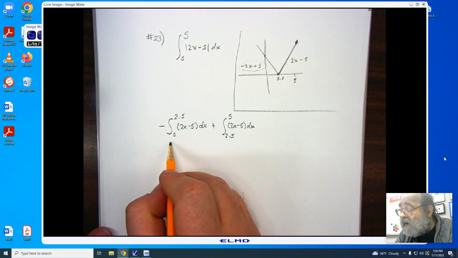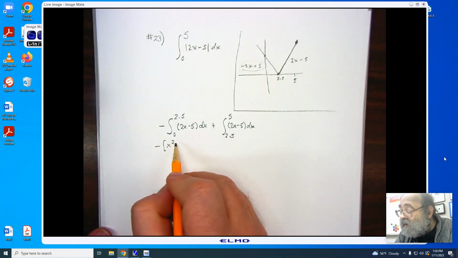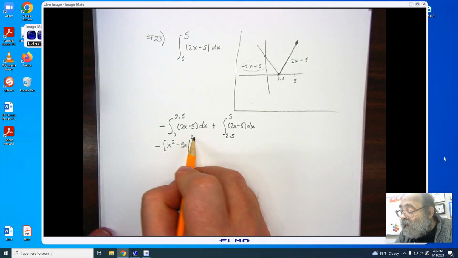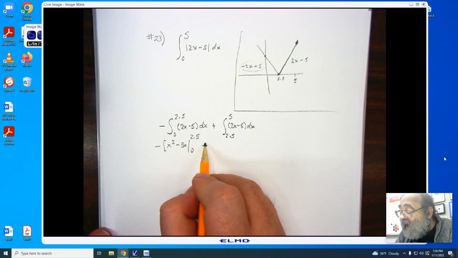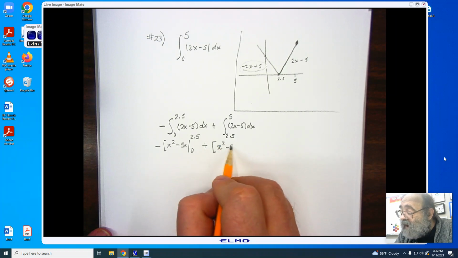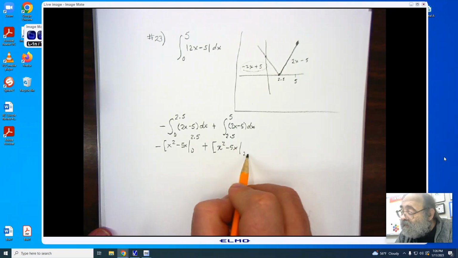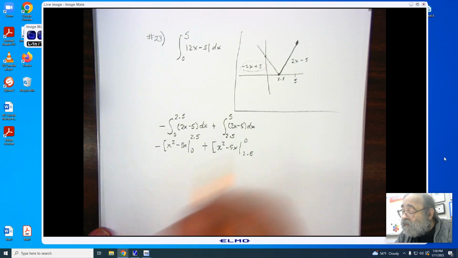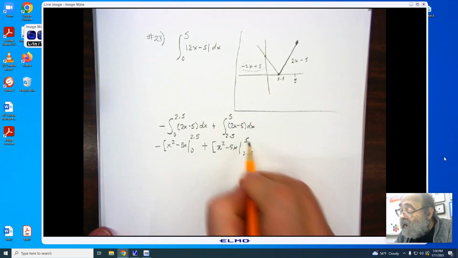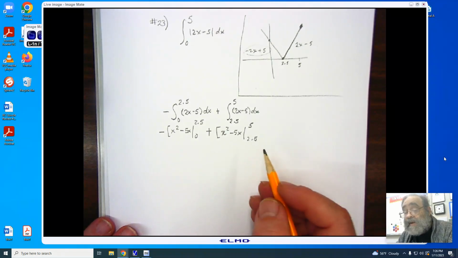Now I can simply look at this as x squared, and I'm going to put the negative out in front, minus 5x from 0 to 2.5, and then I'm going to add this piece, which is x squared minus 5x from 2.5 to 5, not to 0, but to 5. And now I'm going to integrate both of these.